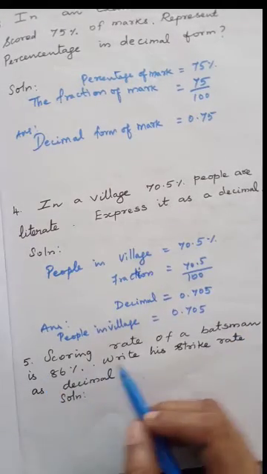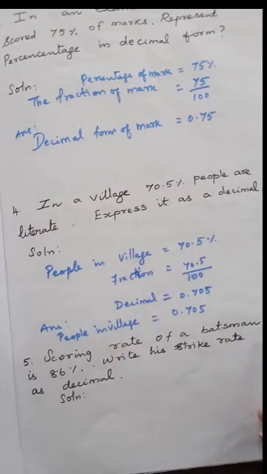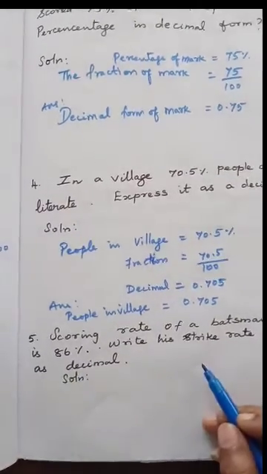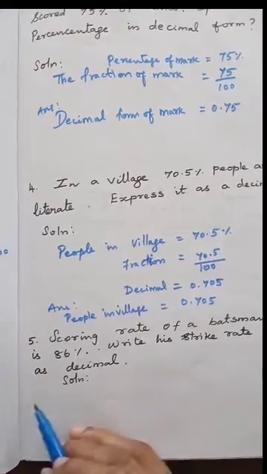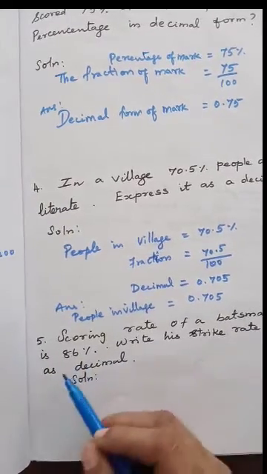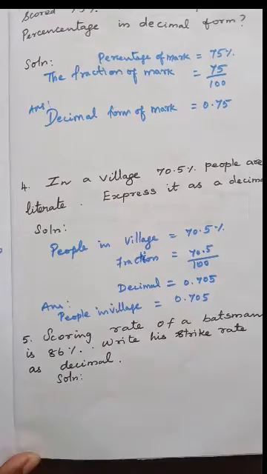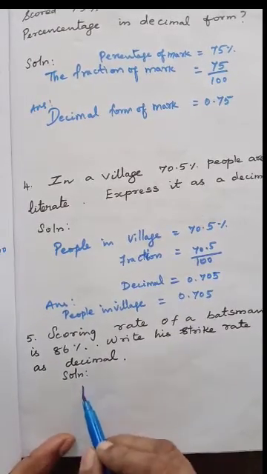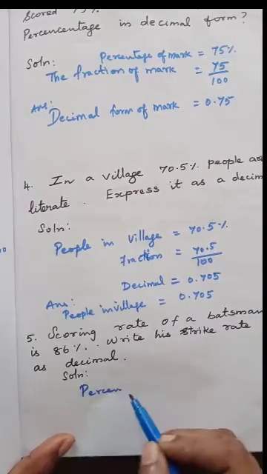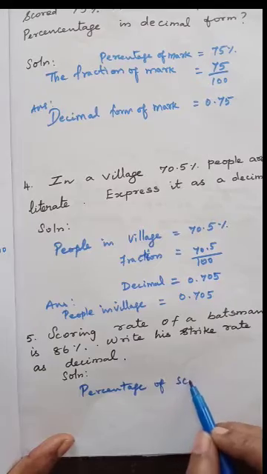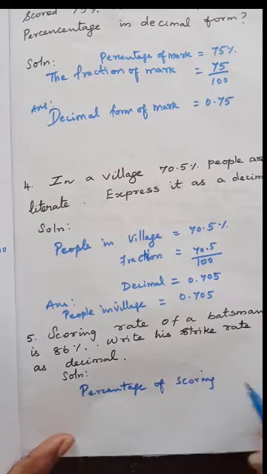Next, the scoring rate of a batsman is 86%. Write his strike rate as decimal. Scoring rate of a batsman is 86%. Percentage of scoring is equal to 86%.